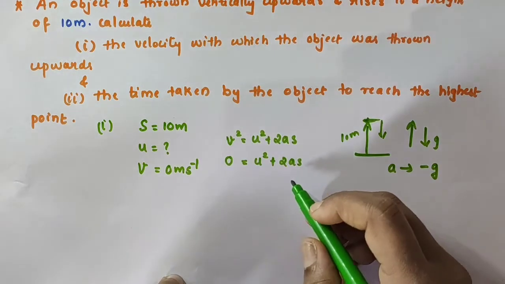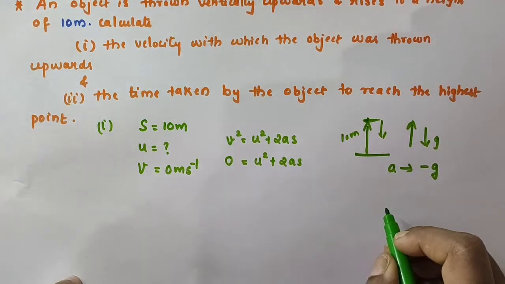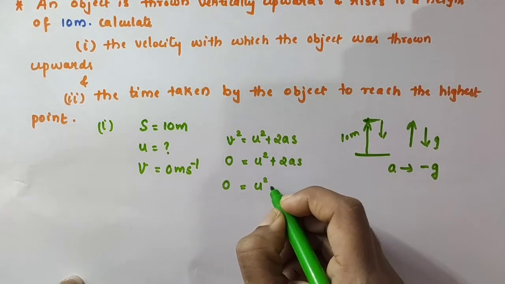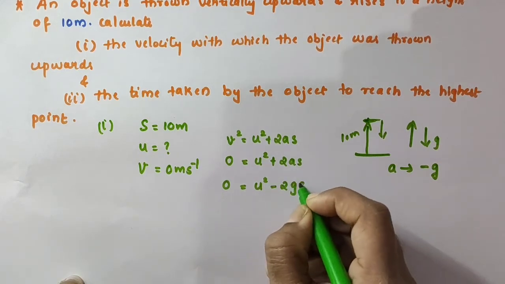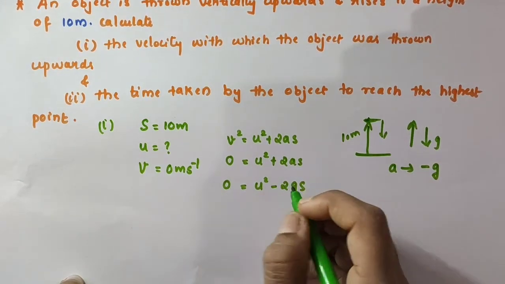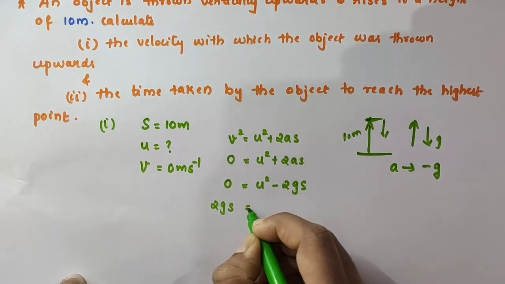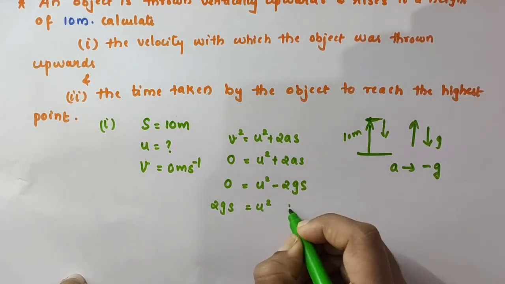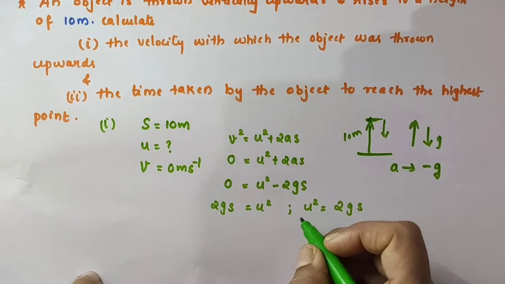So this expression becomes 0 is equal to u square plus 2 into minus g into s, that is minus 2gs. When I take this minus 2gs to this side, it becomes plus 2gs. So u square is equal to 2gs, because we want to calculate u.